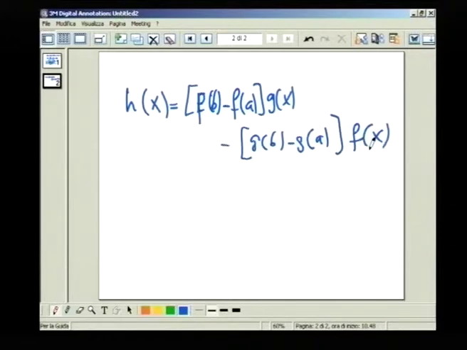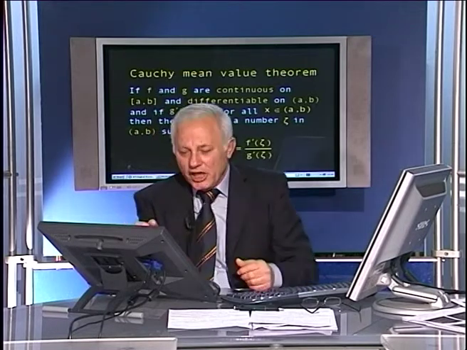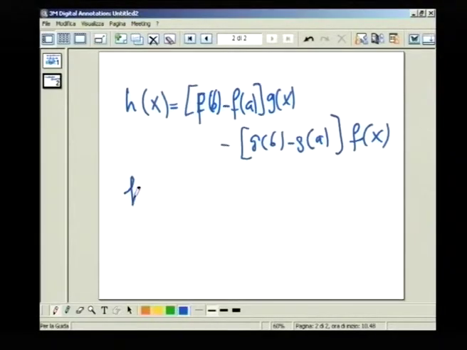We said before that if you use Rolle's theorem, and you have a function h(x) that has two equal values at two different points, for example a and b, then there must exist a point at which the derivative vanishes. We call this point zeta. If you substitute x equal to a and then x equal to b, you find that h(a) is equal to h(b), and therefore there must exist a point zeta at which h'(zeta) equals 0.